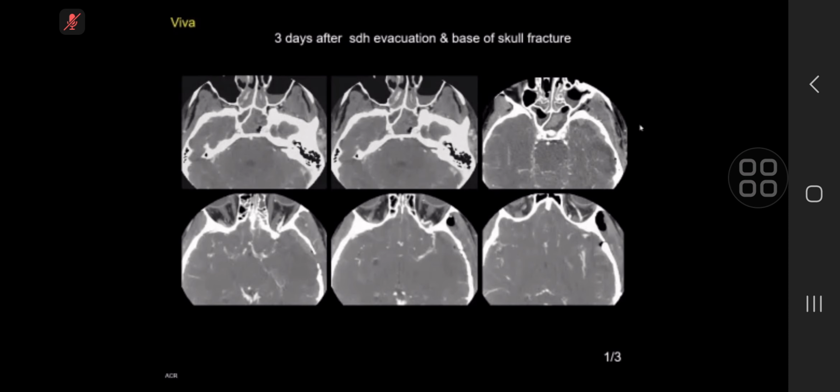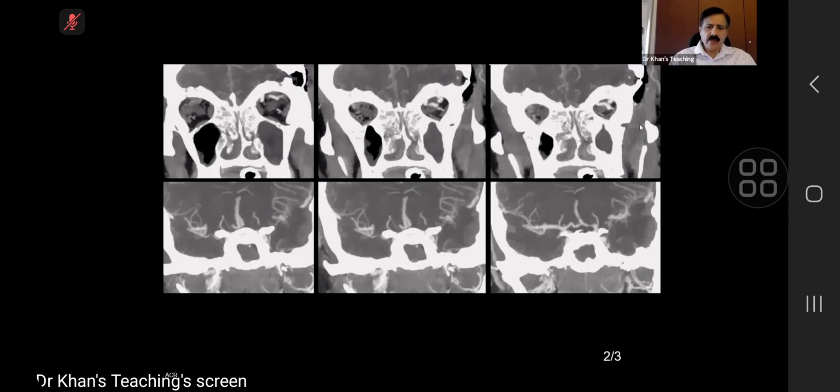Having a look at the cavernous sinus now, I think there's possibly some gas locules in the expected area of the cavernous sinus, and the left cavernous sinus is slightly bulged or expanded. Okay, I'll show you a coronal.